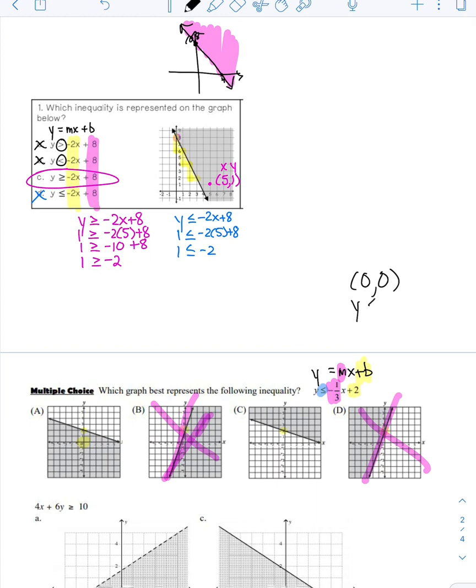Here's my inequality: y is less than or equal to negative 1/3 x plus 2. y is 0 is less than or equal to negative 1/3 times, in this case, x is 0, plus 2. Is 0 less than or equal to 2? Yes, it is. So since (0, 0), which was my test point from A, the shaded part on A, made it true, my answer is A.